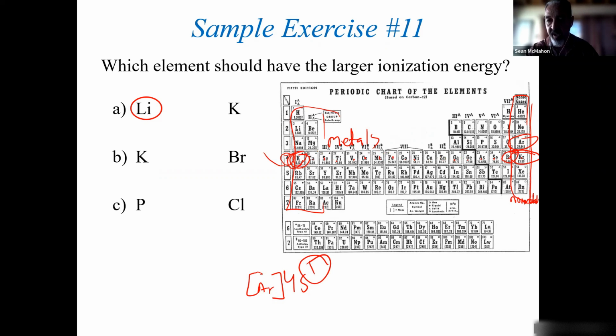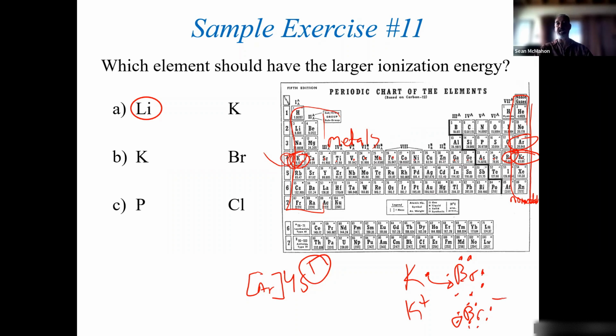So if potassium and bromine are next to each other, potassium is going to give its valence electron to bromine. When it loses its electron, it becomes positively charged, which is called a cation. And the bromine gains that extra electron, becoming the bromide ion, which is an anion, negatively charged.